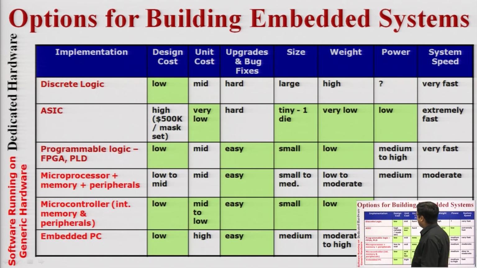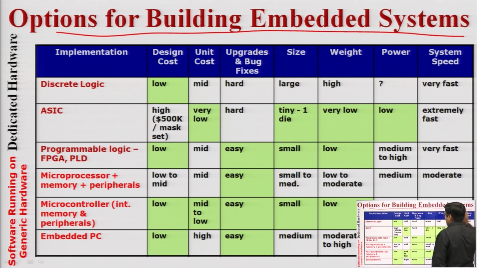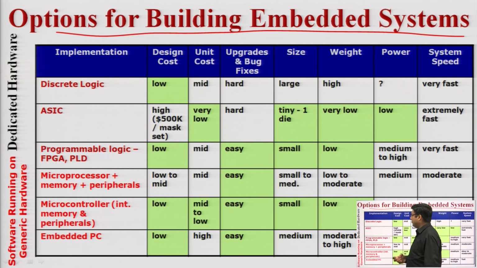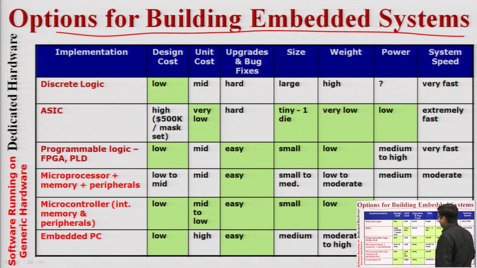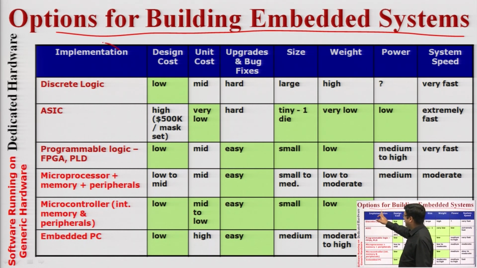The next topic is the different options for building any embedded system. What are the different options available to build embedded systems? Here I am taking a table. In this table, first are the implementations, that is, the options: discrete logic, ASIC, programmable logic.